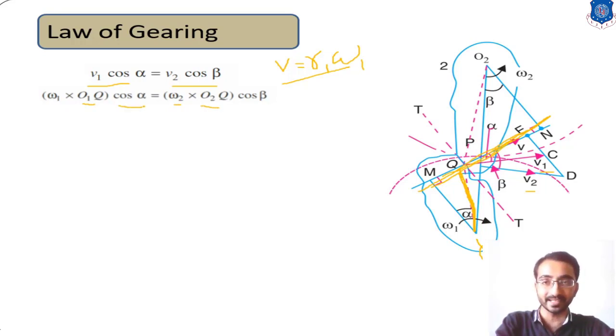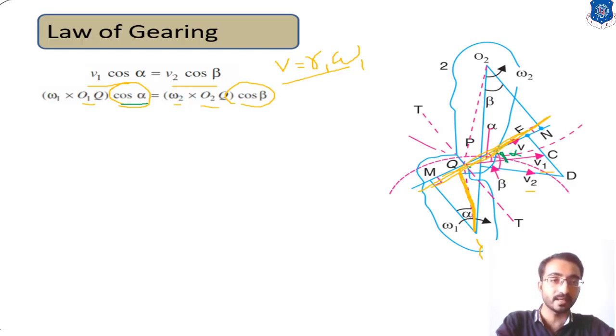Now the second term, that is cos alpha and cos beta. Now we derive the equation and terms for cos alpha and cos beta. For the cos alpha component, the alpha component is with V1.